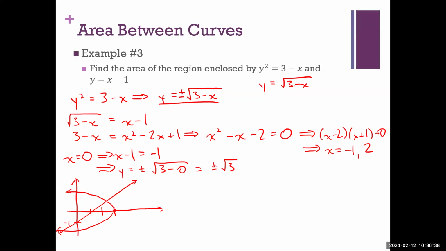So I have intersection points here and here. Any questions about the graph we've built so far, where those intersection points are? Can we start setting up the integral?